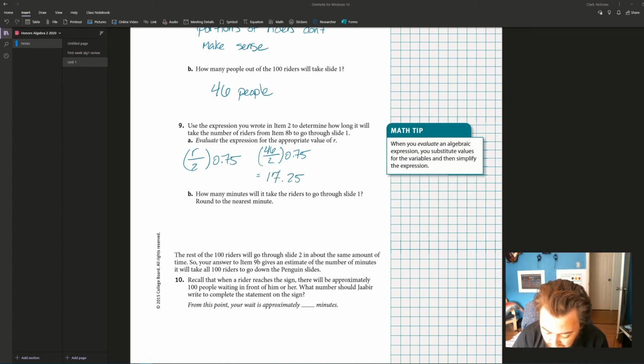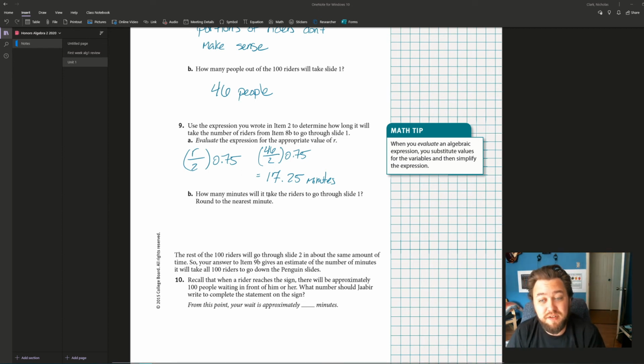And this would be minutes, right? And I know that because we were saying that a tube launched every 3/4 of a minute. So it's going to take 17 and a quarter minutes to go through slide 1. If we round to the nearest minute, that's about 17 minutes. Geez, Mr. Clark, learn to spell.